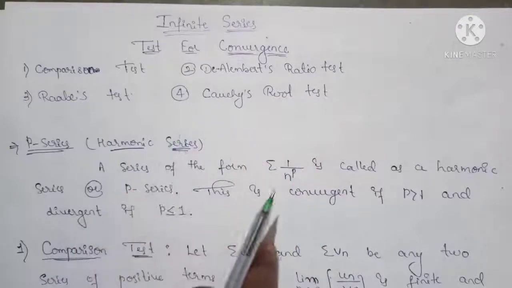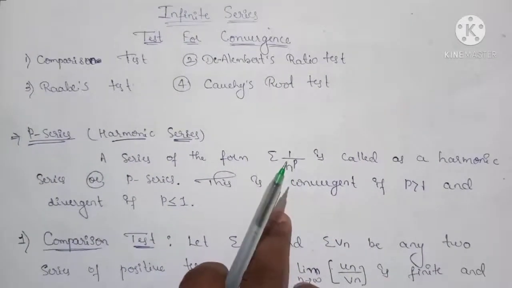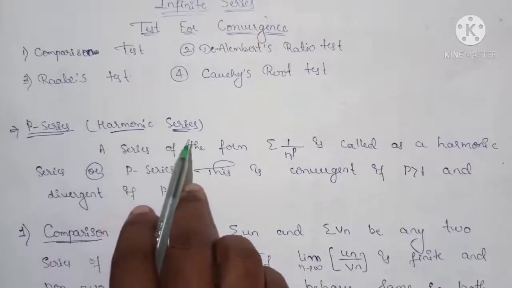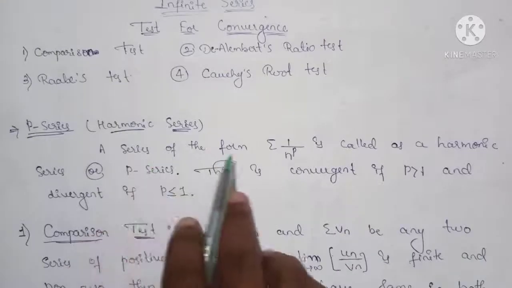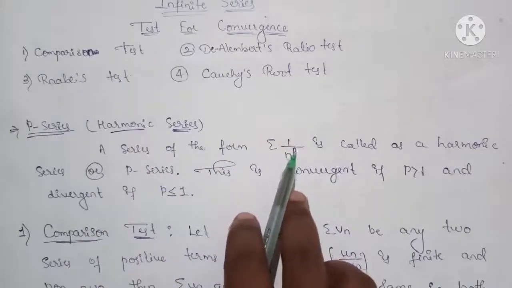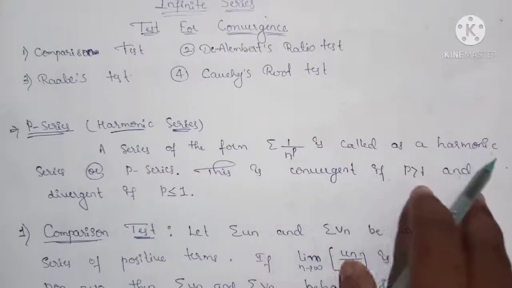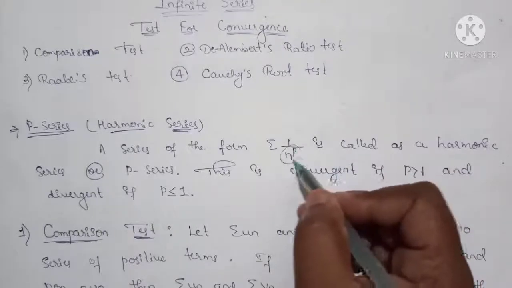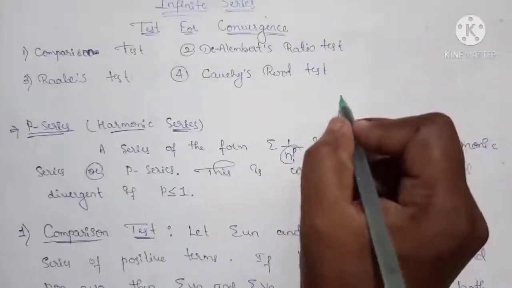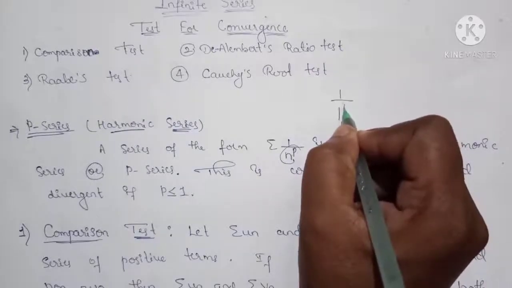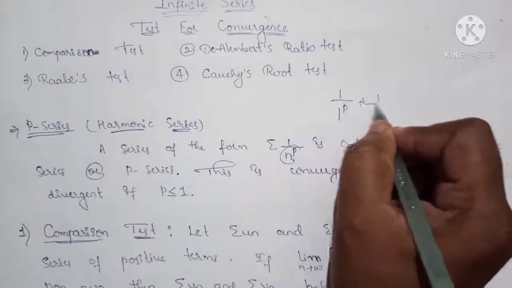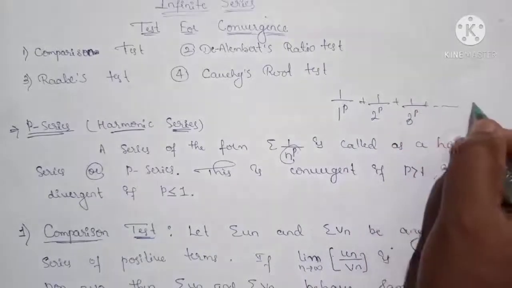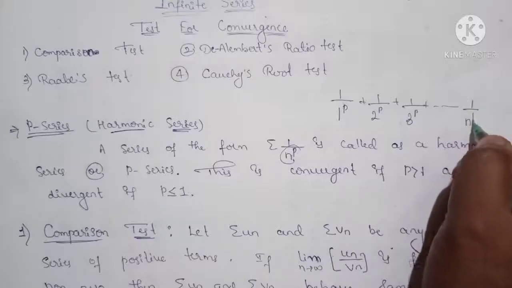Before we start these tests for convergence, we recall a very important series, that is the P series, or it is also called the harmonic series. A series of the form summation 1 by n raised to p is called the harmonic series or P series. That means in this series all the terms are of the form 1 divided by 1 raised to p plus 1 divided by 2 raised to p, 1 divided by 3 raised to p, and so on, up to 1 divided by n raised to p.